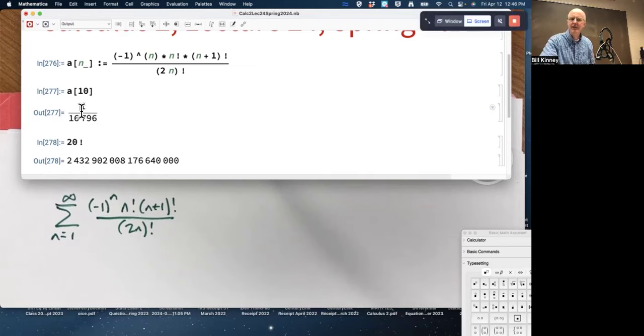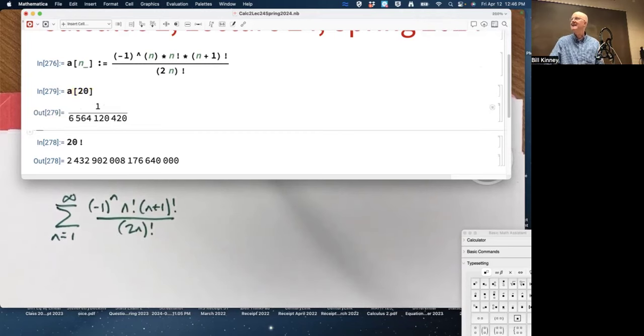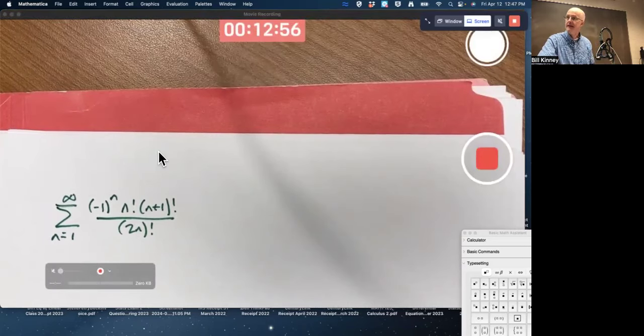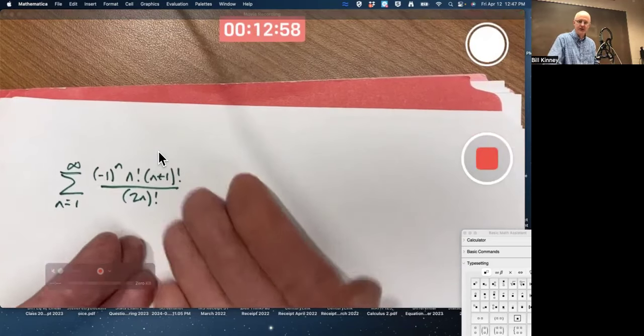By the time we hit the 10th term, we are at a fairly small number. Let's try the 20th term. Really, really small. Intuitively, it should seem that the infinite sum probably converges because the terms are going to 0 seemingly pretty rapidly. That's not clear from just looking there, though, right?